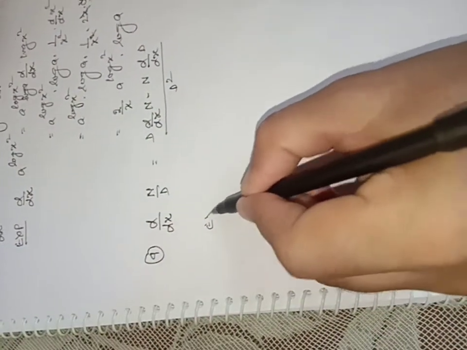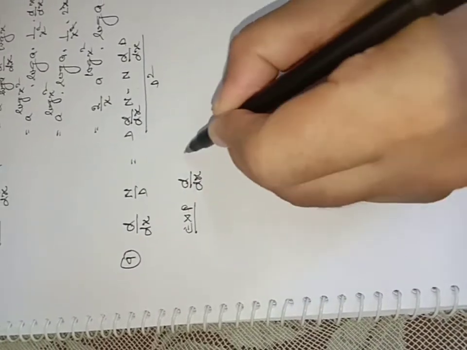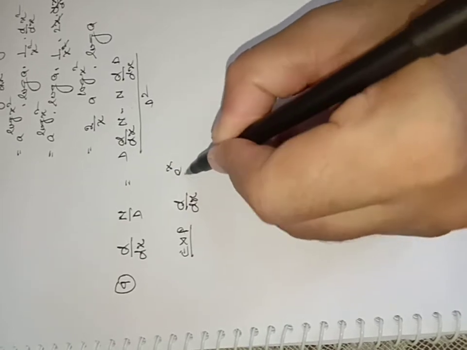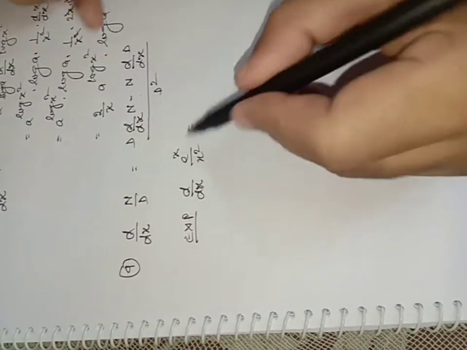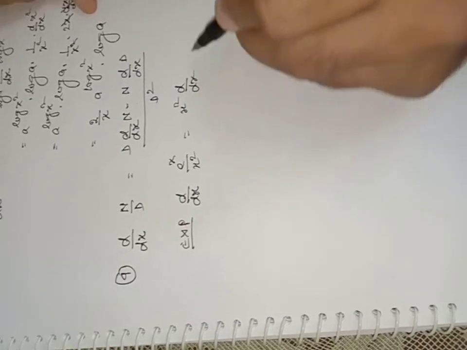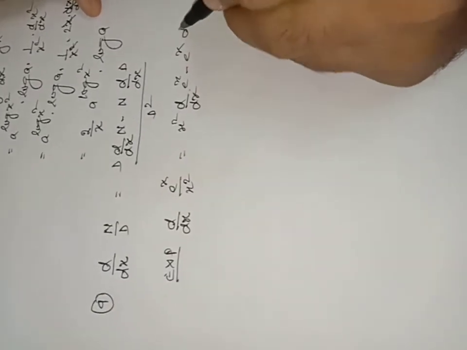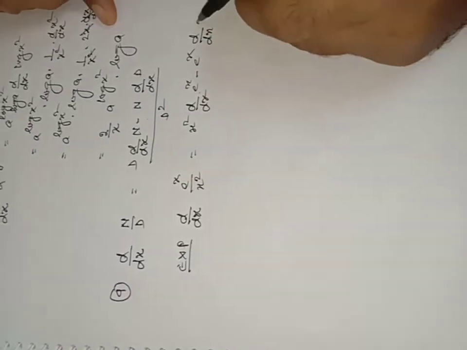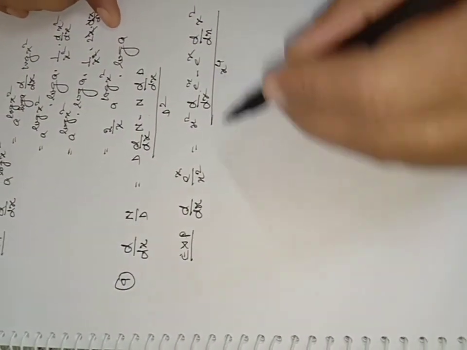Let us take an example, dy dx of e to the power x upon x square. Suppose it is the question. So denominator means x square, d by dx of numerator means e to the power x, minus e to the power x into d by dx of x square, upon square of denominator, and it becomes x power 4.